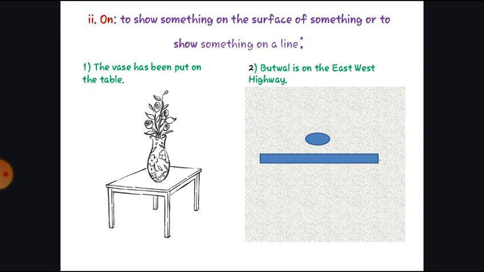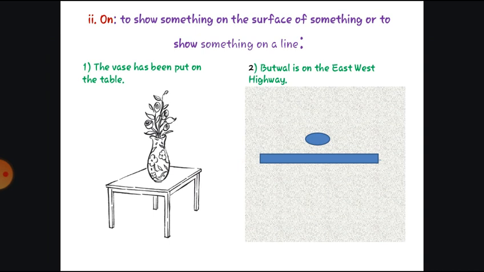So from the first example, as it is said in your book, the vase has been put on the table. The vase has been put on the table. So this is the example given here out of the picture.